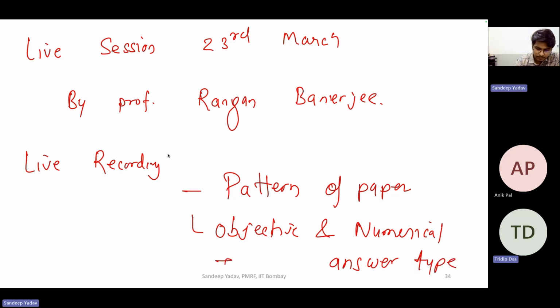It's also called NAT type. The number of objective type and numerical answer type questions will vary according to the question paper itself. Sir, what is NAT? That is numerical answer type.